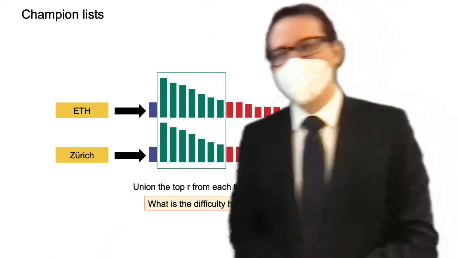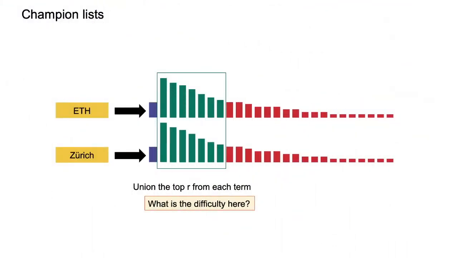Now, can anybody tell me what's the difficulty if we do that? So I sorted my documents by decreasing term frequency. I'm only considering the part that is in the rectangle here, and I'm throwing away everything on the right. And I want to compute the union. Why do I have a problem?